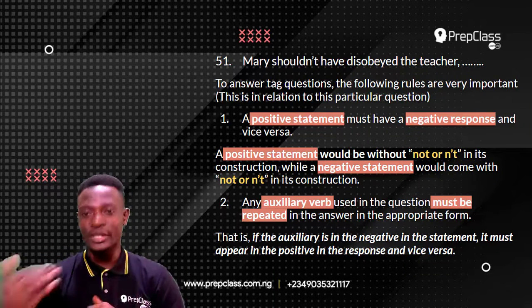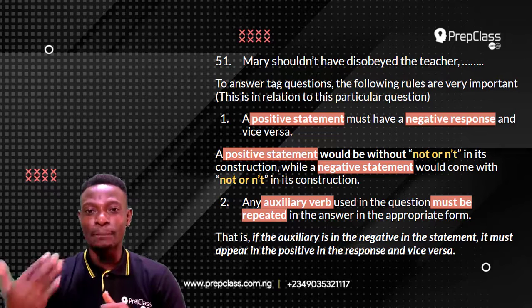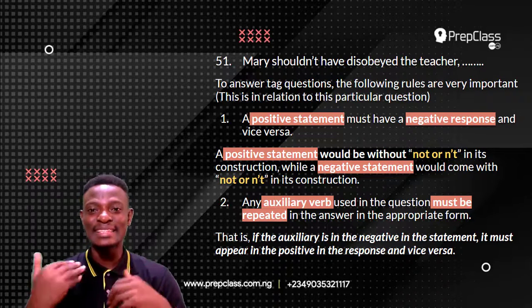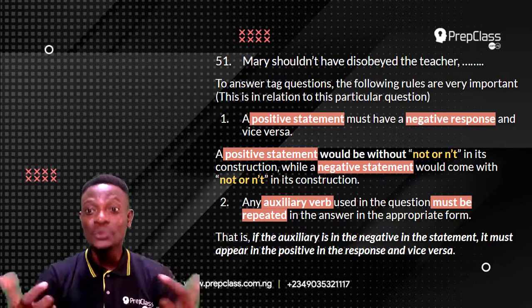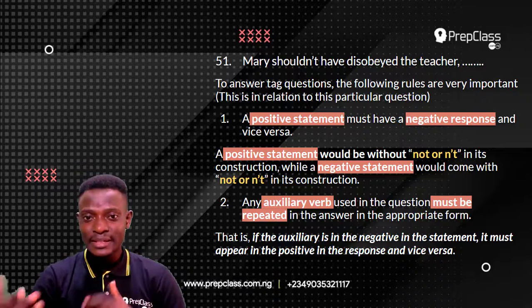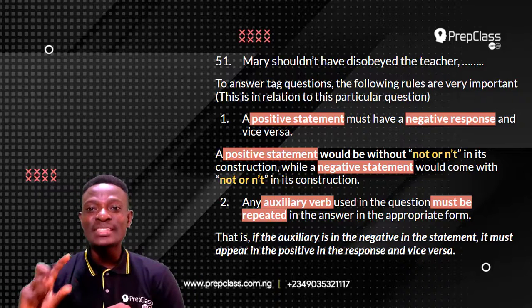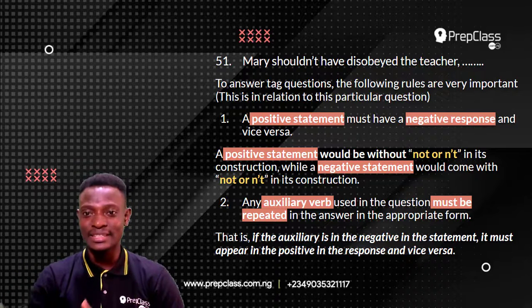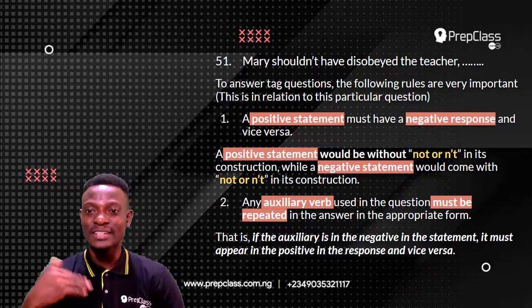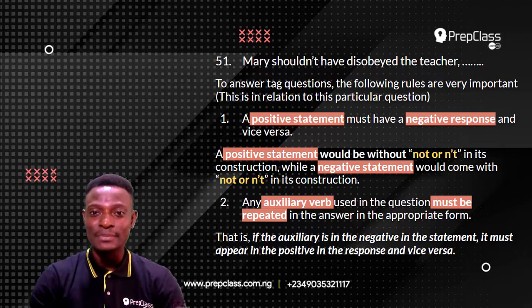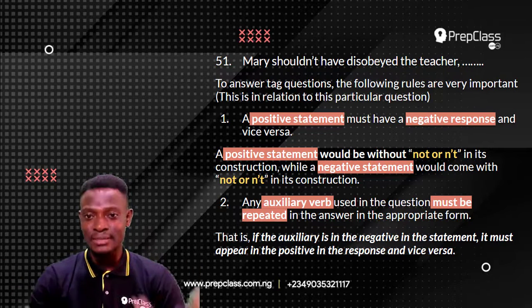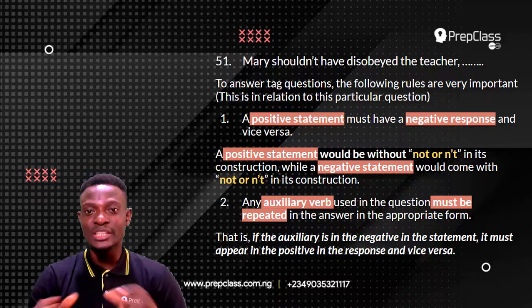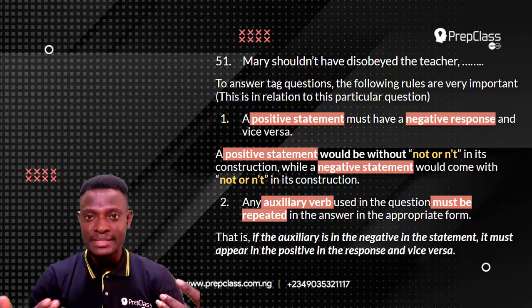To answer tag questions, the following rules are very important. Number one, a positive statement must have a negative response and vice versa. So, how do we differentiate a positive statement from a negative statement?